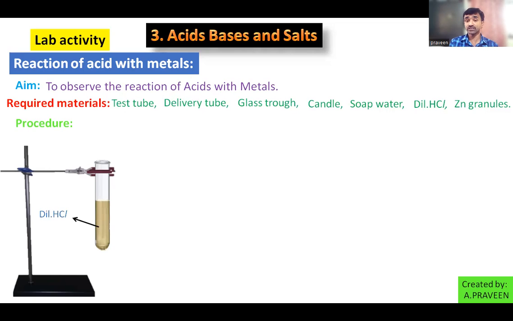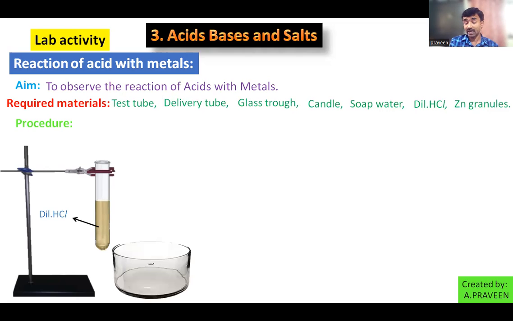Then the next step: we are observing the acid's reaction with the metal. So I need to add zinc metal pieces into the boiling tube which contains HCl. So I will drop zinc granules into the test tube, right?